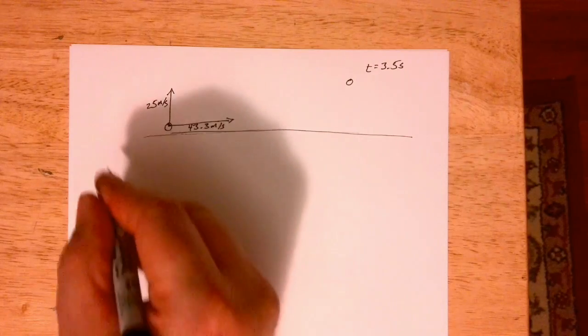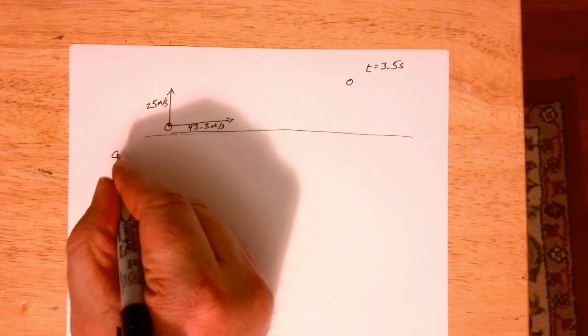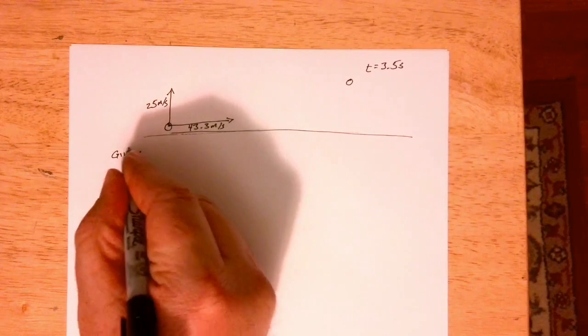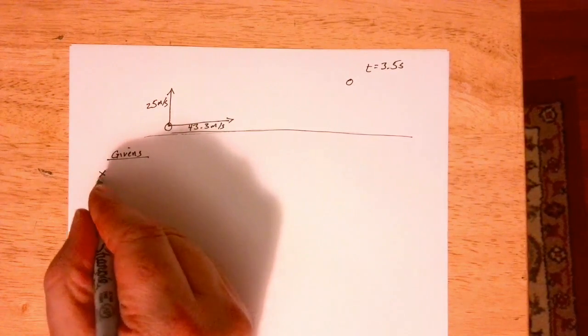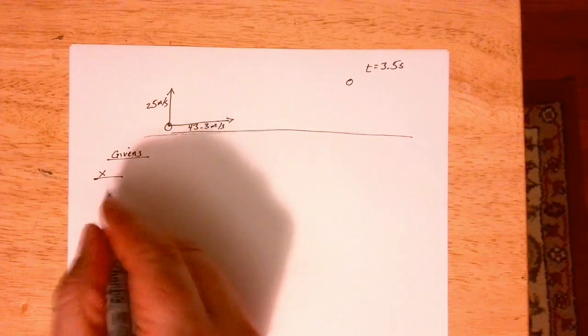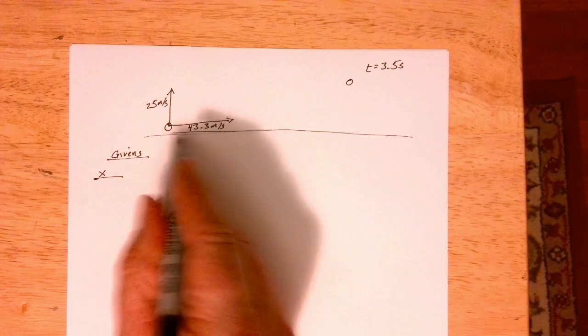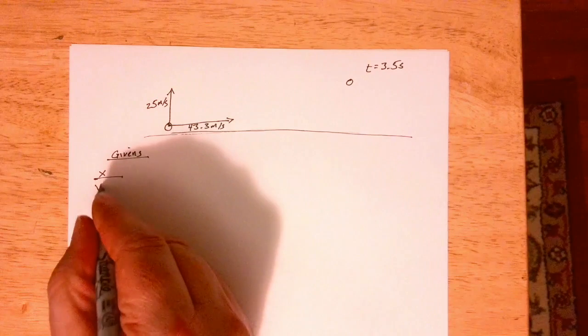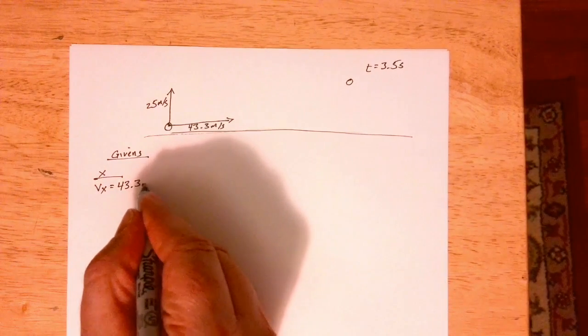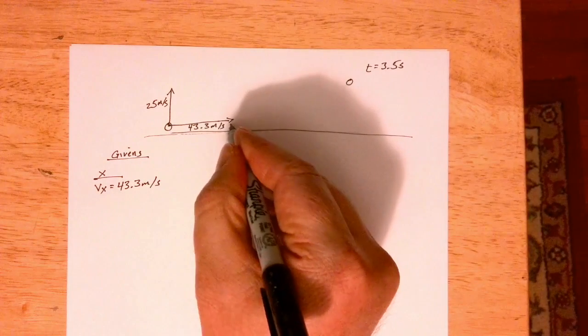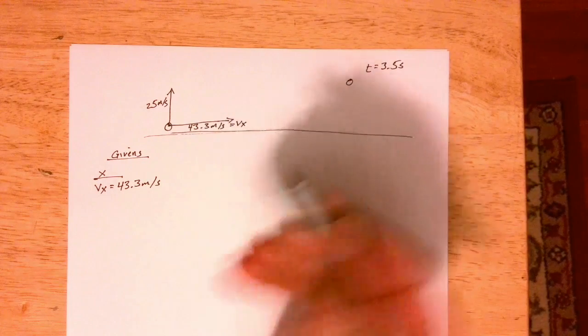So let's start with the givens, and let's look first at the x direction. The only thing we know in the x direction is the velocity in the x direction is 43.3. That's your velocity in the x direction.